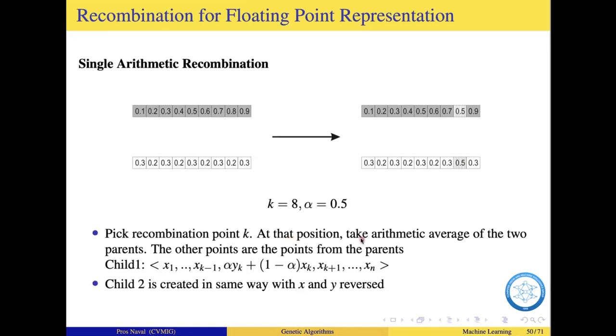At that position, we take the arithmetic average of the two parents, and the other points are copied from the parents. Here we pick a recombination point k equals 8. So this is the 8th position. Then we take the average of the two. That's 0.5, and that 0.5 will now be the new value for that gene for both siblings.